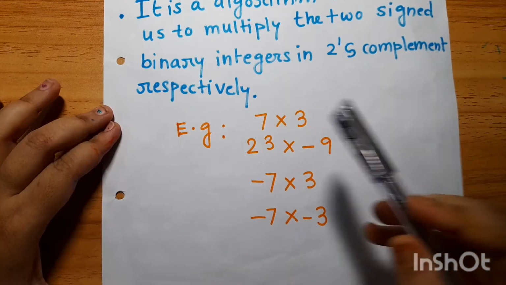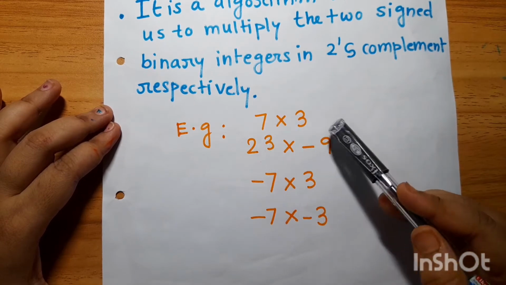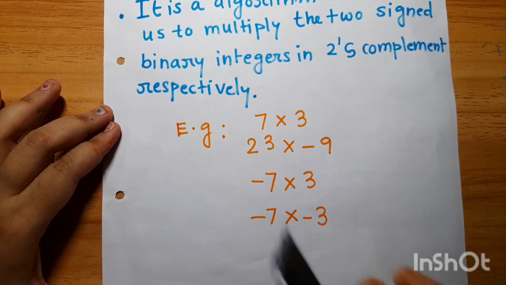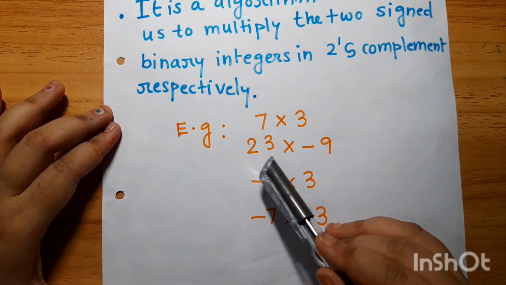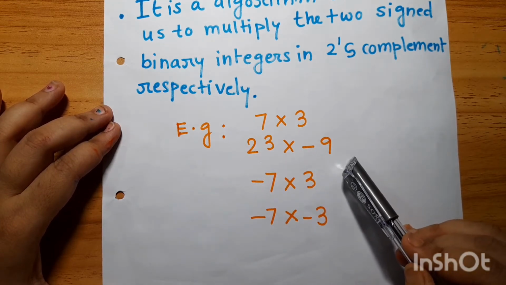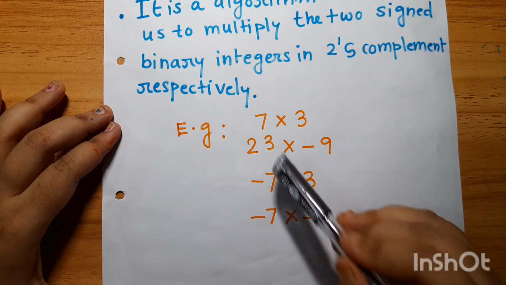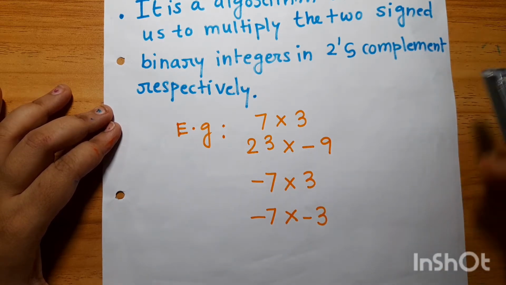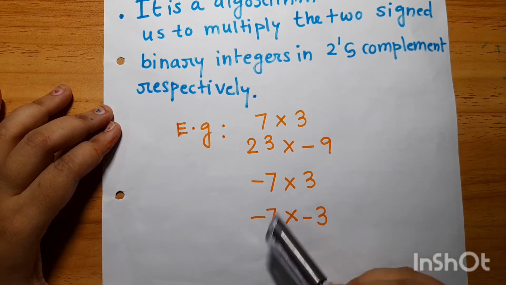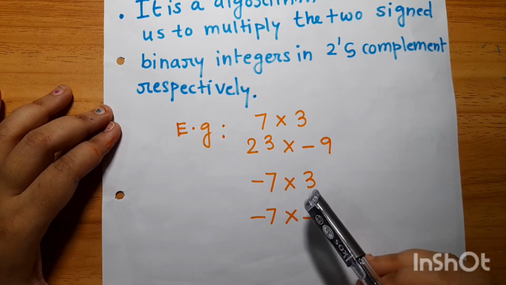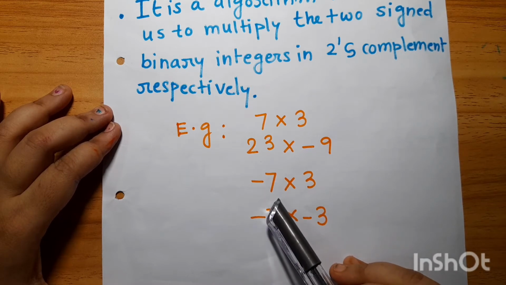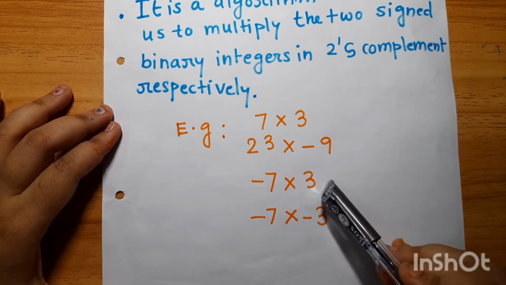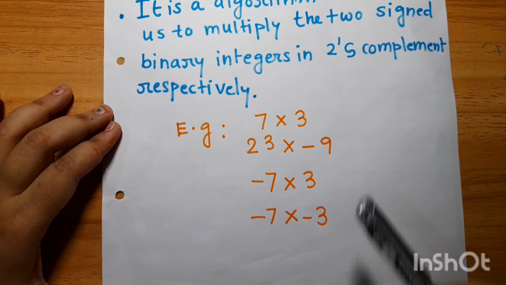For example, it can do the multiplication of 7 into 3, both positive numbers. It can do the multiplication of 23 into minus 9, where 23, the multiplicand, is positive and minus 9, the multiplier, is negative. It can do the multiplication of minus 7 into 3, where minus 7, the multiplicand, is negative and the multiplier is positive.